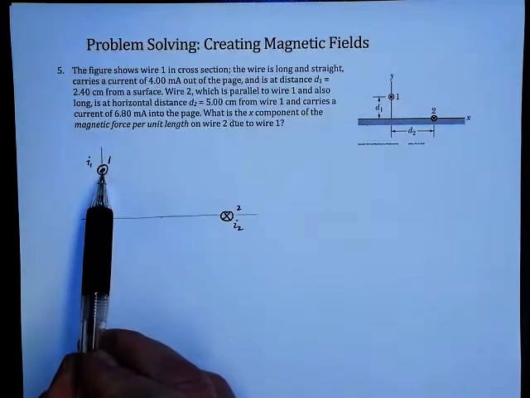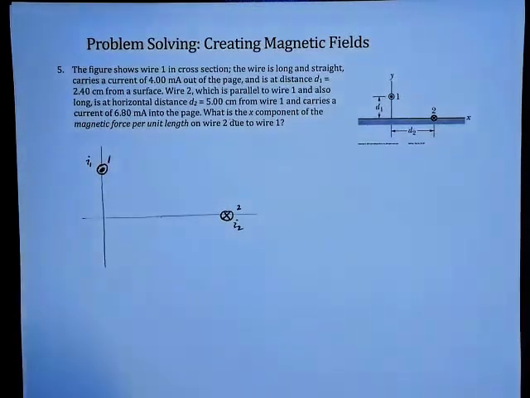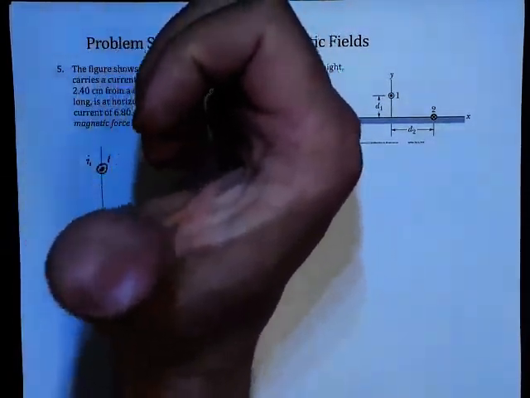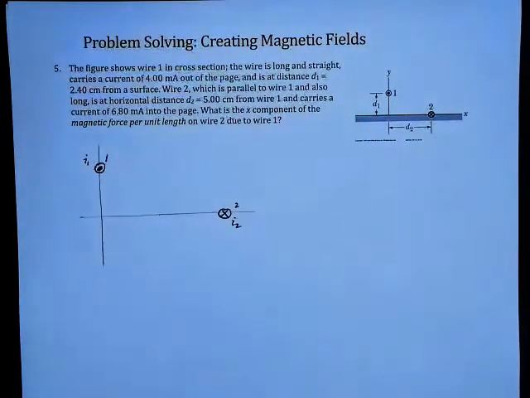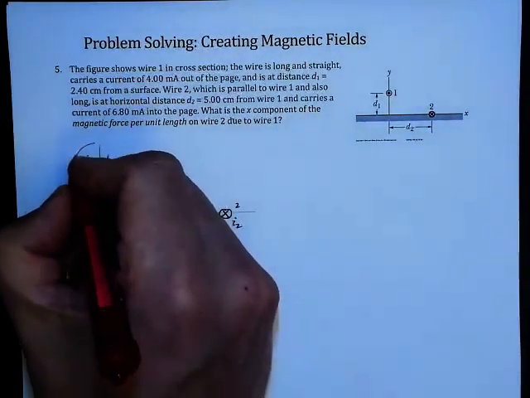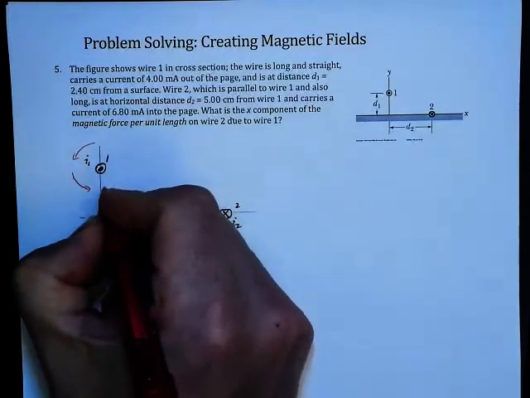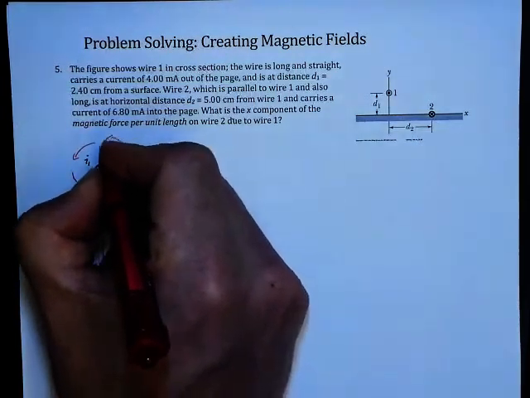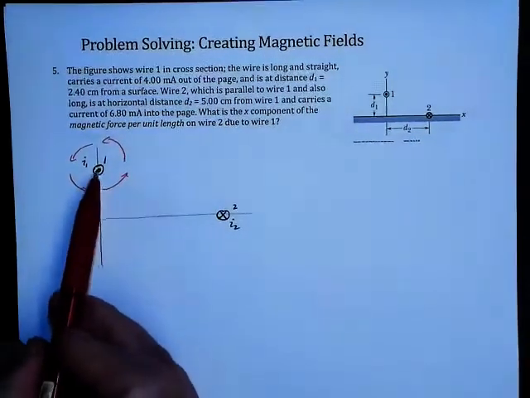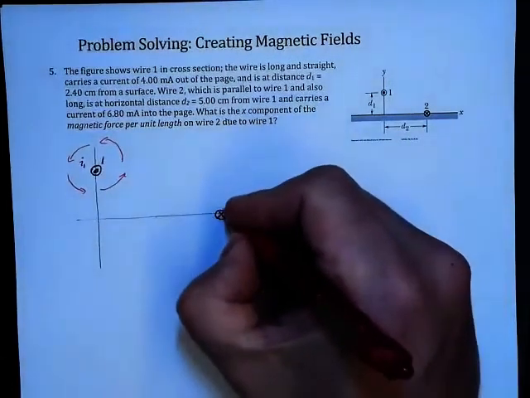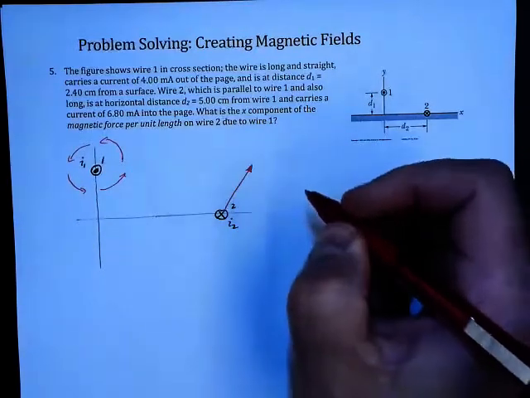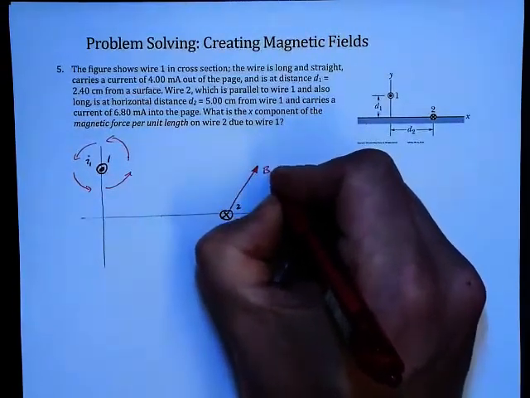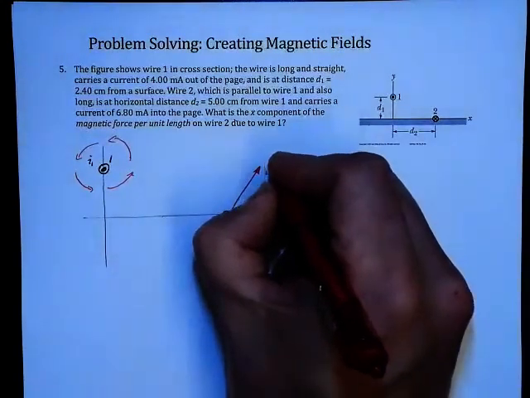Wire 1 produces a magnetic field around itself, and if I orient my thumb in the direction that current's flowing out of the page, my hand curls around in a counterclockwise direction. So that means wire 1 is producing a magnetic field that is around itself like that. Well, if I trace that over to this point, that means the magnetic field at this location from wire 1 points up and to the right. So that's the magnetic field from wire 1.